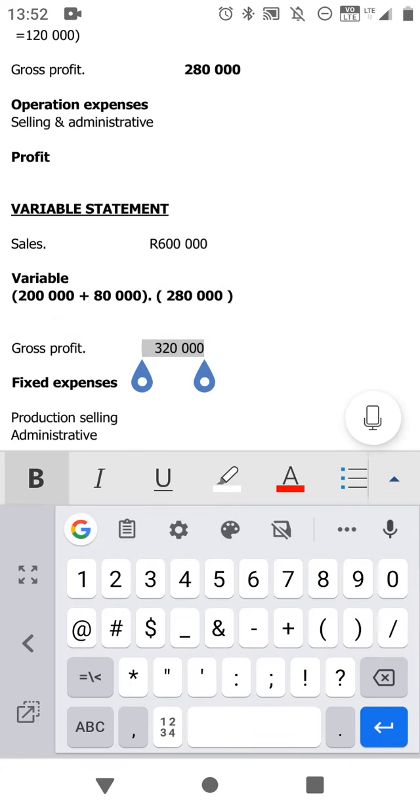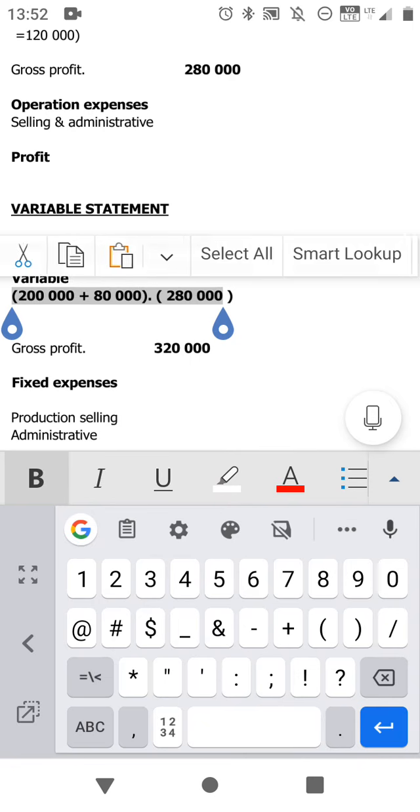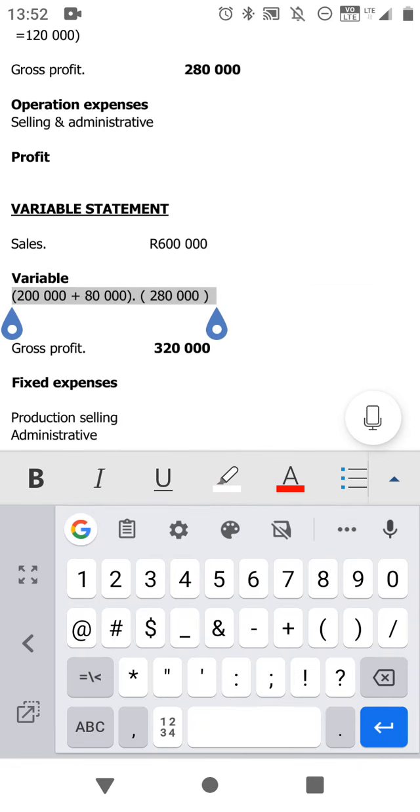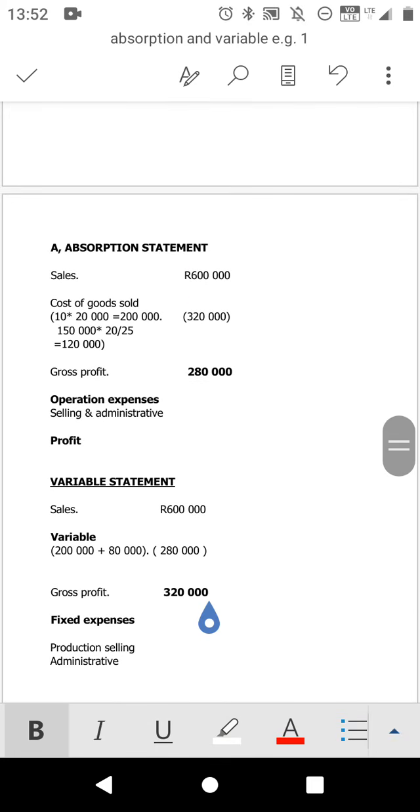So this is the one that should be highlighted. Now we are done with how to calculate the cost of sales under these two methods.